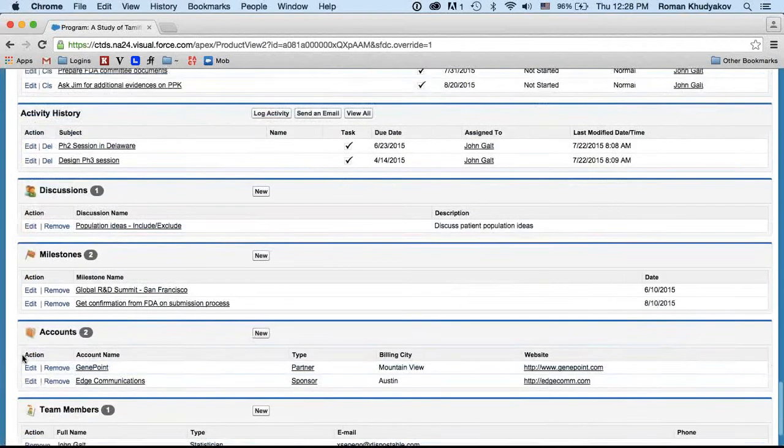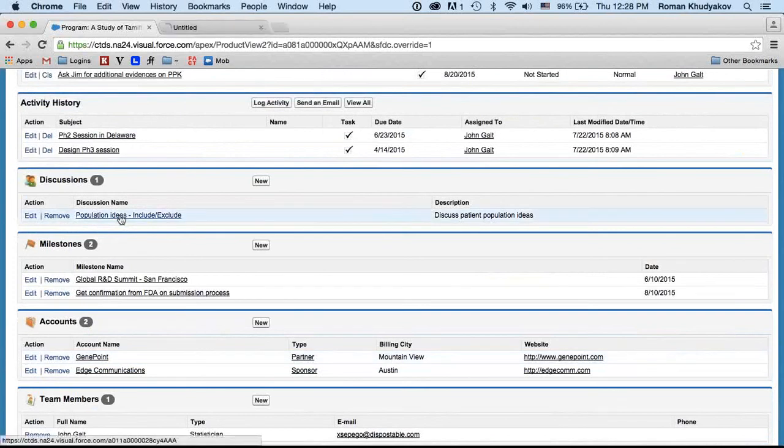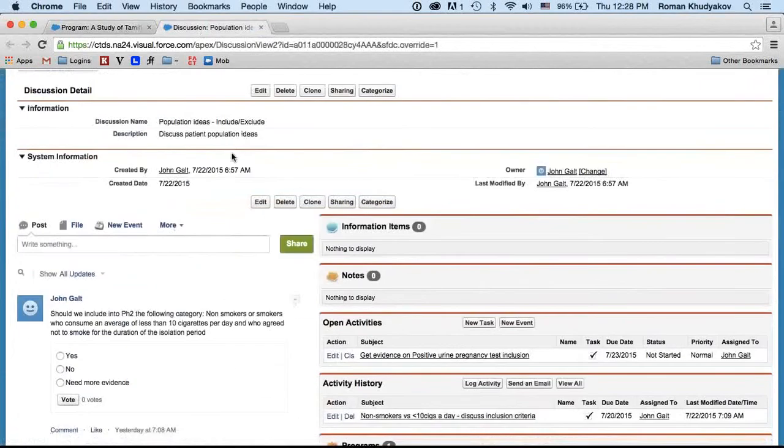For those users who are not able to gather face-to-face and run a brainstorming session in a room, this tool offers discussions. Discussion is like a Facebook-style thread where everyone can express their ideas. So let's see, we are discussing here population ideas.